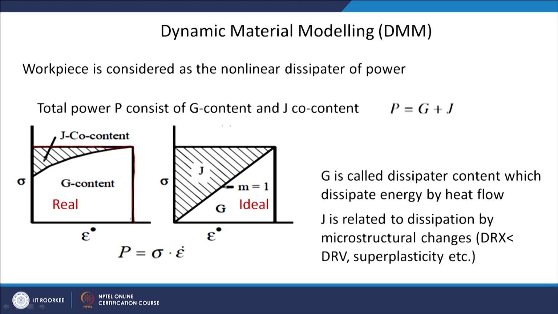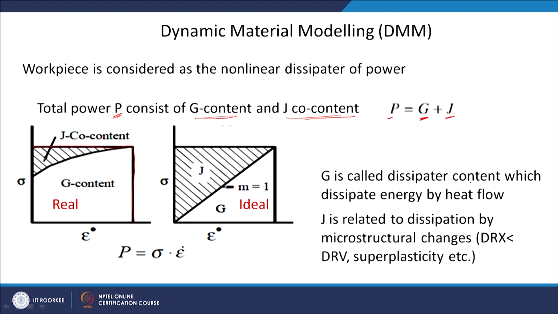And the model suggests that this total power consists of two parameters, called G content and J co-content. Power is composed of this G content and J co-content, which is a new parameter suggested by DMM. Now, what are these G and J co-content?